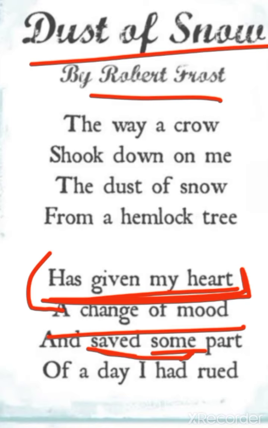Now here the heart is not given a change of mood, the poet is given a change of mood. And some represent full. So his heart represents his entire body.